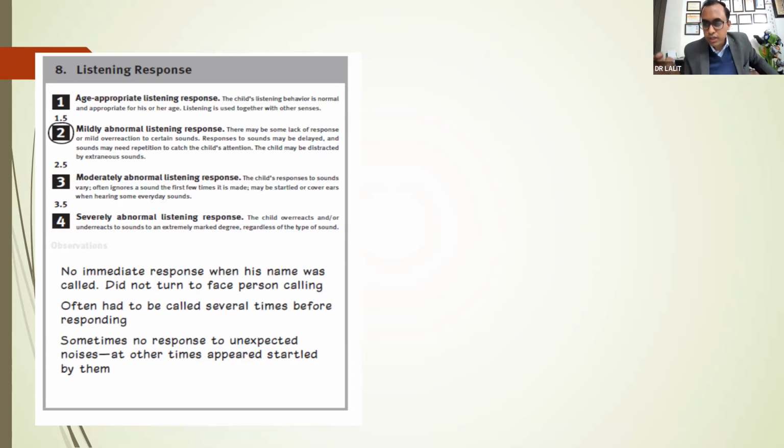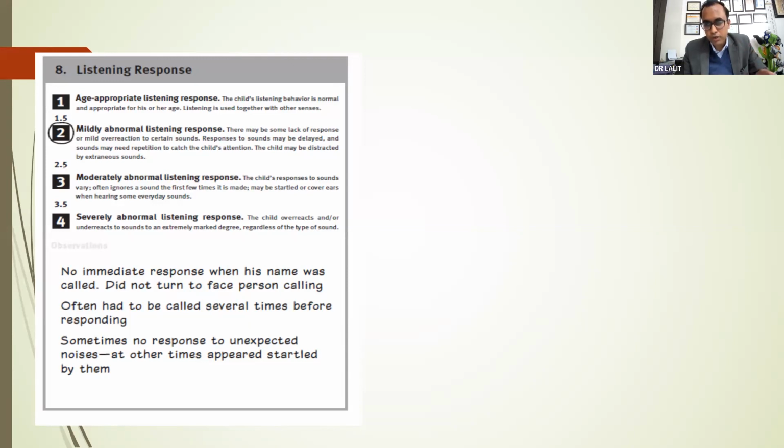Those things are very important. Each and every point mentioned in this score is very important. That is why in score 3 it clearly mentions he covers his ears when an unusual sound is heard. Since there is no such observation in the patient history or in the clinician's direct observation, you cannot give a score of 3 to this child.